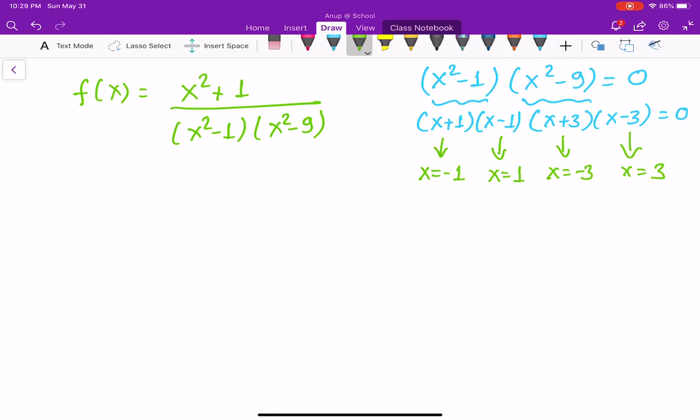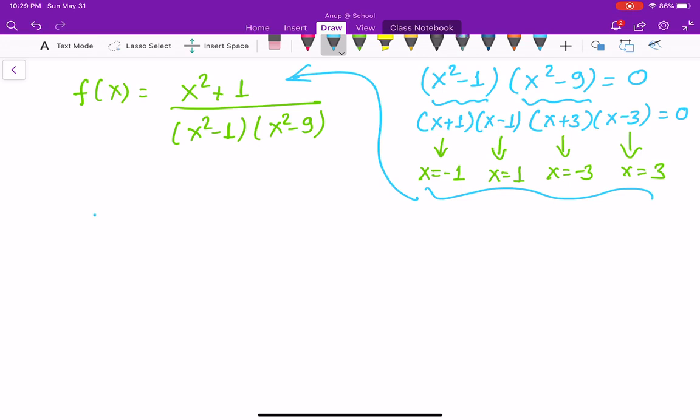So we have these four numbers where the denominator is 0, but if you plug all of these numbers into the numerator, you can see that still the numerator is not 0, right? Negative 1 square is positive 1, so positive 1 plus 1 would be 2. Plug 1 in, you will not get 0. So in this case also the numerator and denominator do not have any real zero in common.